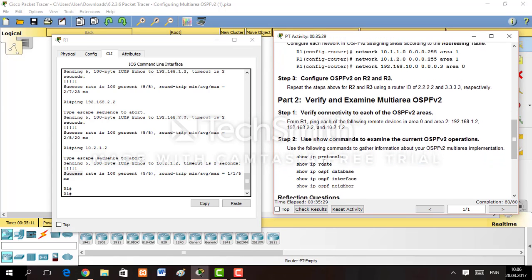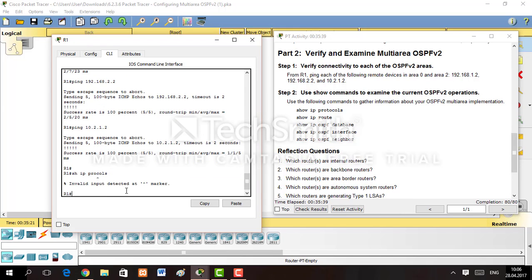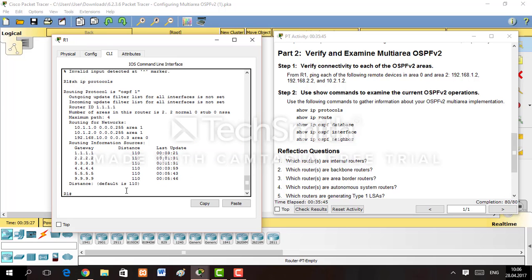Use show commands to examine the current OSPF operations. Okay, show IP protocols. Here we have the information about protocols, and here is a routing protocol OSPF.